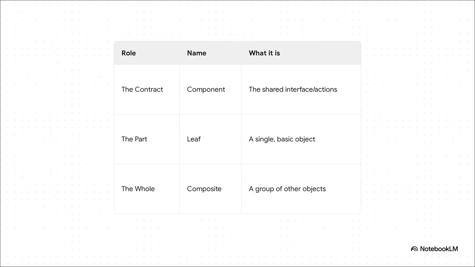Think of this as the contract, the shared rulebook. It's an interface that declares the actions everyone has to follow, like our move command. Second, you have the leaf. This is your basic building block, our soldier. It implements that move command directly. And finally, you have the composite. This is the whole, the container, our general. It also implements the move command, but it does it by turning around and telling all of its children to move.